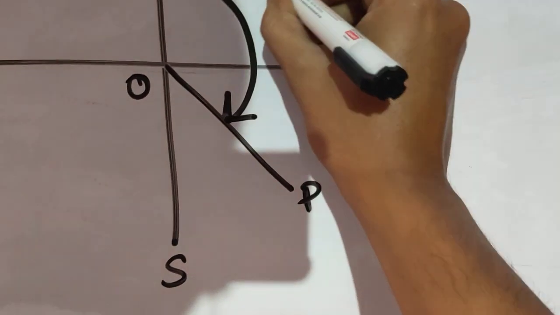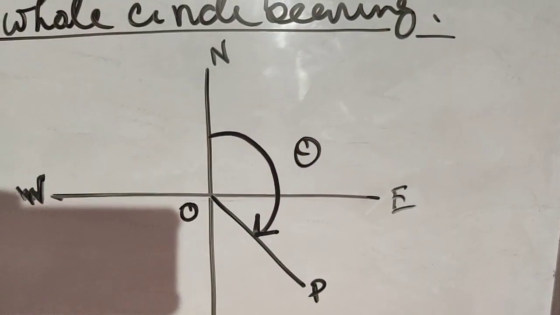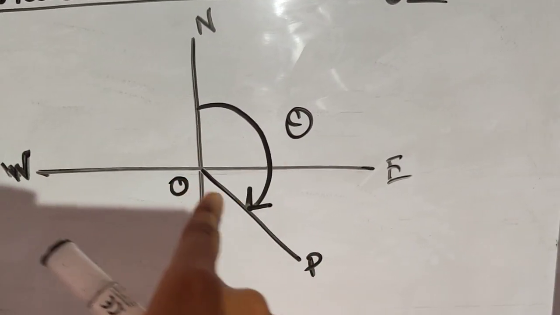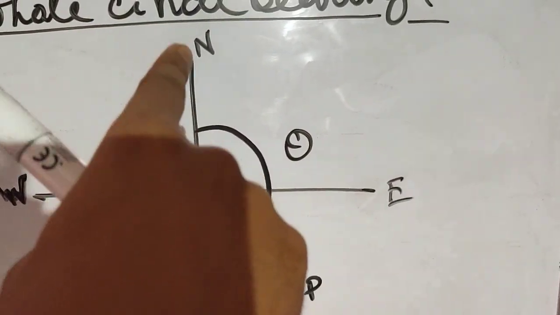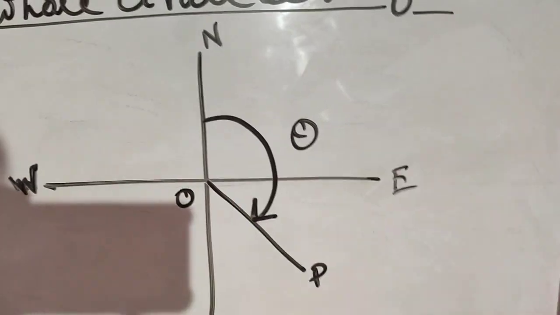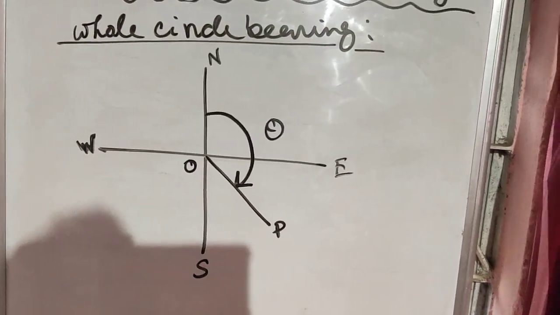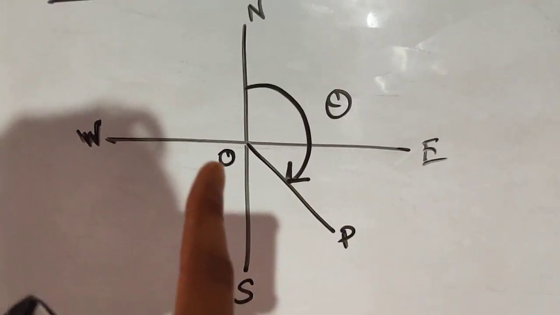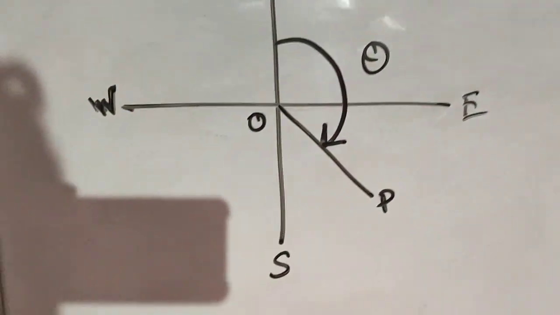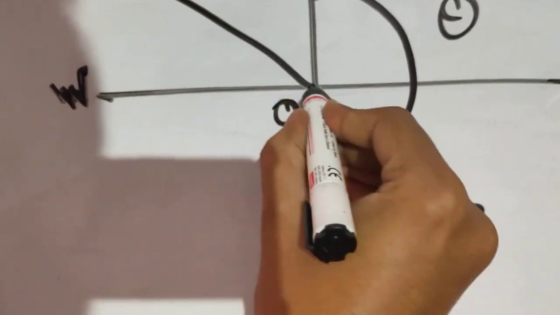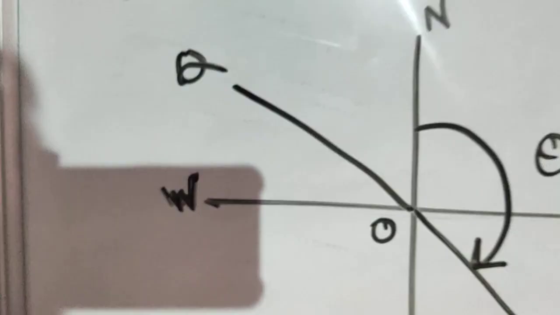So whatever this angle, suppose this angle is theta. So theta is the bearing of line OP, because theta is the angle this line OP is making with the north direction. And one more very important thing: we will measure all the angles in this whole circle bearing method in clockwise direction. Suppose there is a line here, OQ.